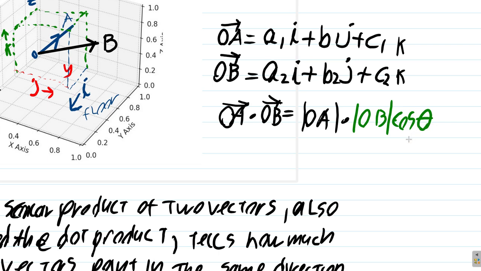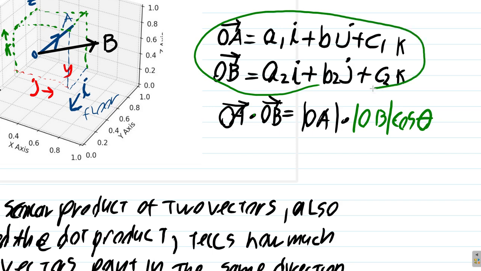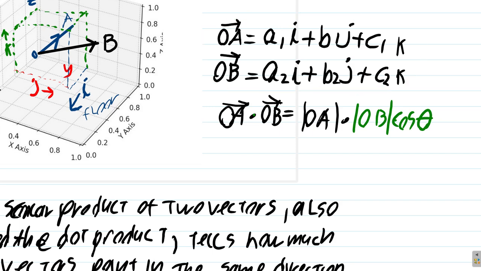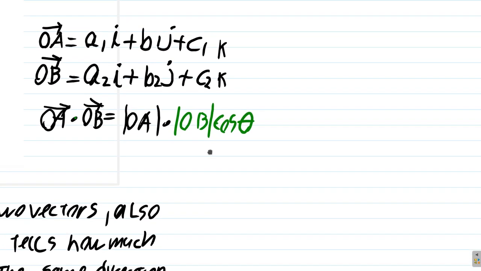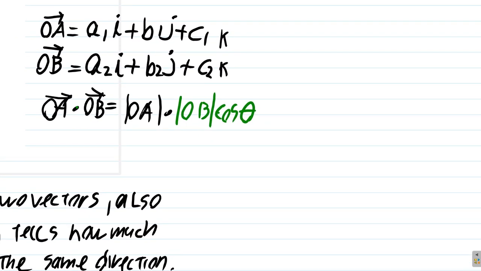Now let us look at these and multiply them, because we imagine we're multiplying two vectors now, and see what the dot product, scalar product, will be like.